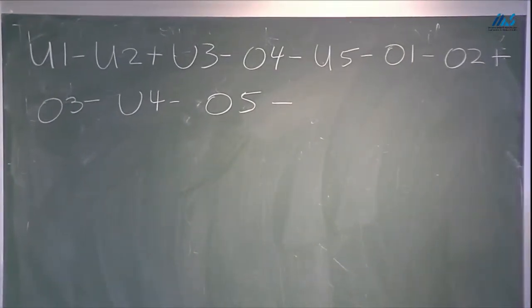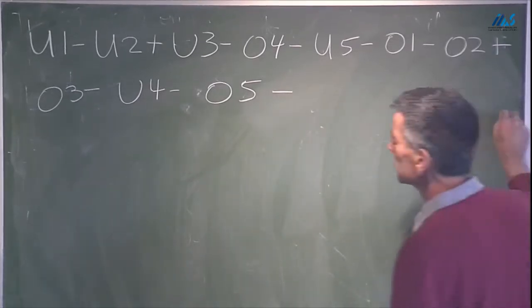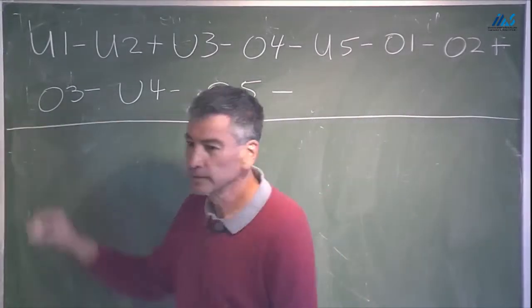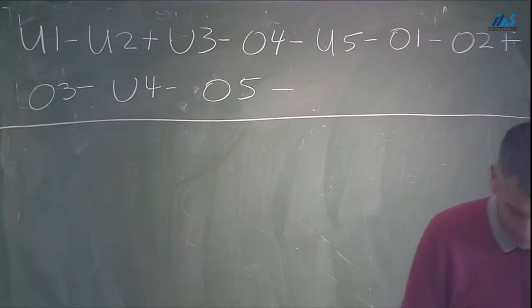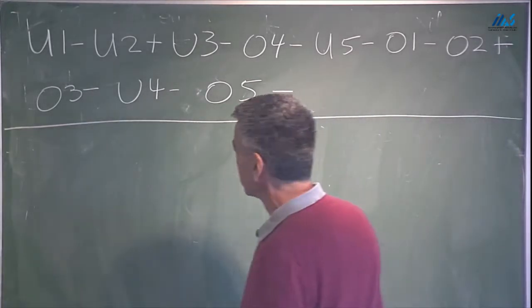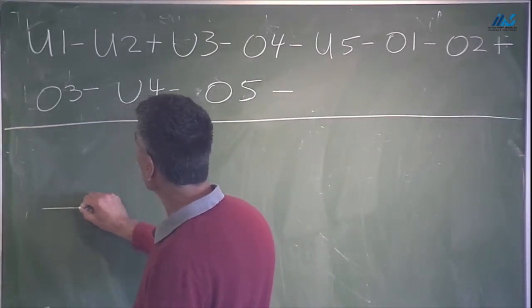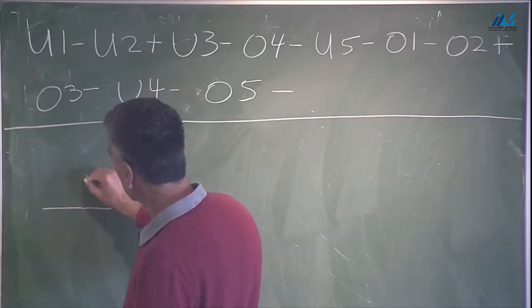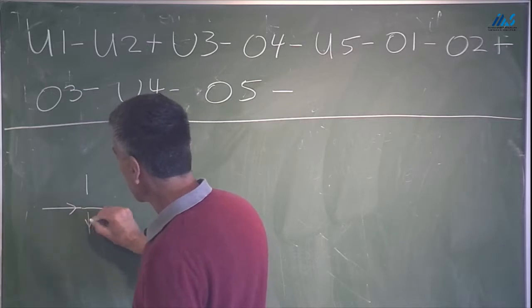So see if you can reconstruct it. Yeah, you don't want to do it now? Should we do it? Why not? So what do we do? The first thing we do is go under 1, and it's a minus, so it goes like this.